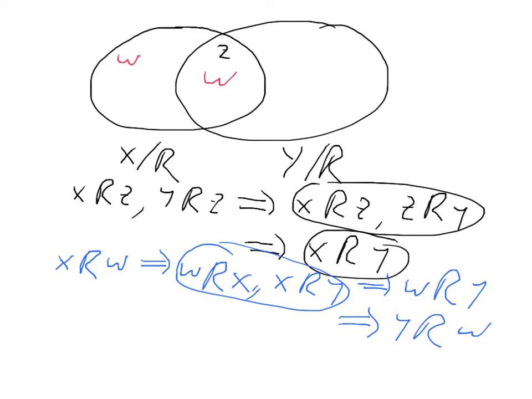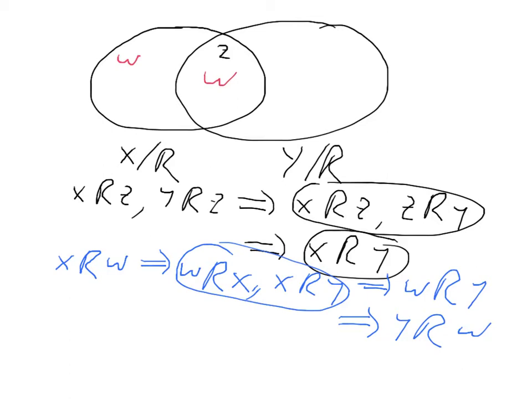We did that for an arbitrary W in the equivalence class of X, and we showed that it was also in the equivalence class of Y. That's the idea of the proof. And you notice in this proof we only make use of symmetry and transitivity. We haven't yet made use of the reflexivity of the equivalence relation, but we'll come to that later.